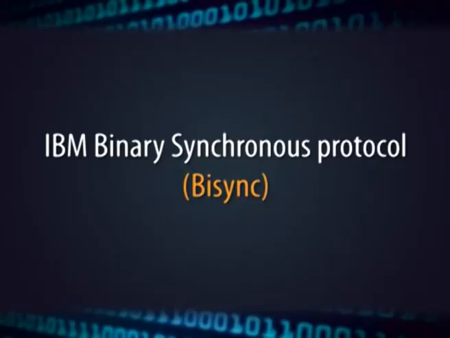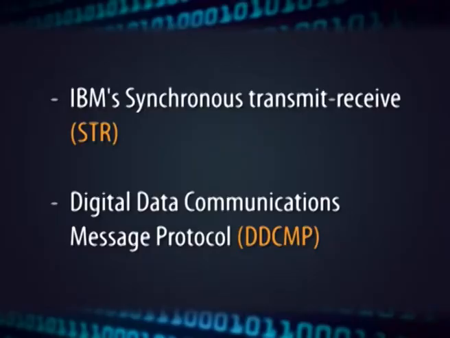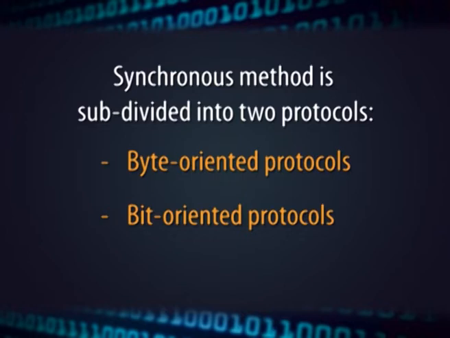The IBM binary synchronous protocol, also known as BiSync, is one such old protocol still in use. Other significant examples of byte oriented protocols are IBM's synchronous transmit receive, STR, and digital data communications message protocol, DDCMP, from Digital Equipment Corporation. Bit oriented protocols.